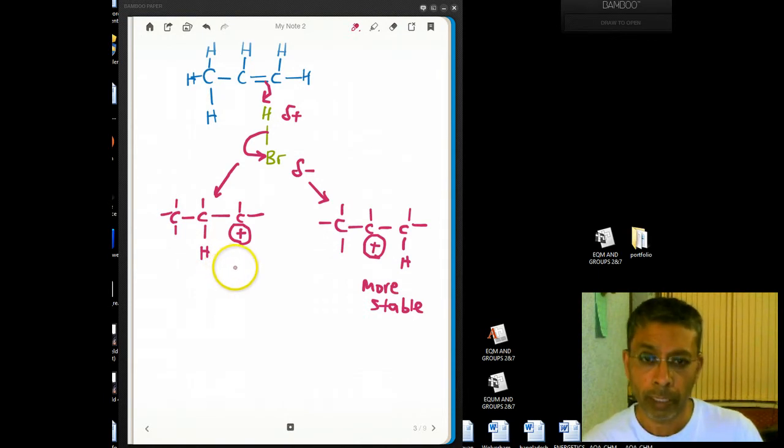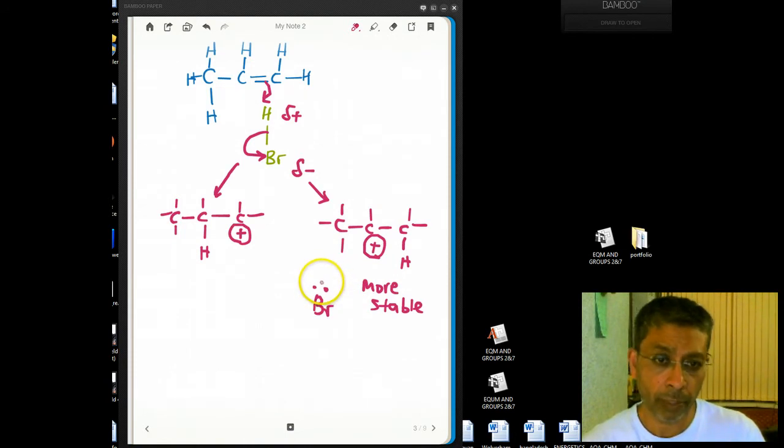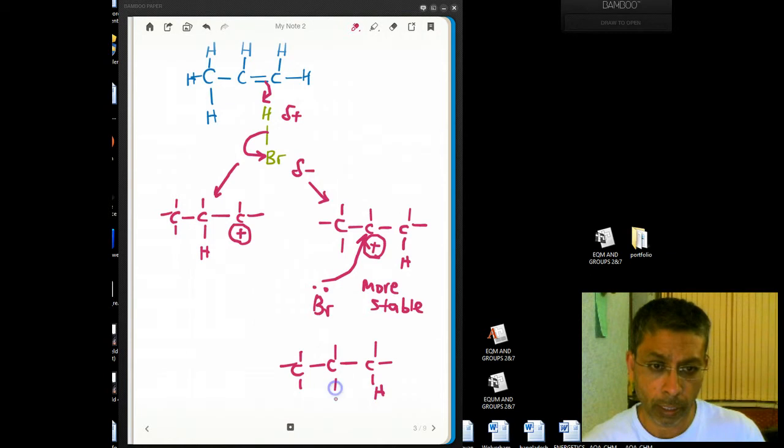Okay, let's have a look then for this one. A Br minus with its pair of electrons, and an arrow comes from the pair of electrons to the positive carbon. There we are, forming our final product. Here we are. There's the H and there's the bromine. So we get 2-bromopropane.